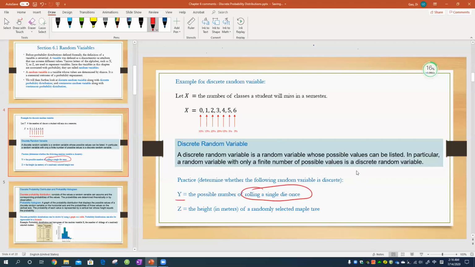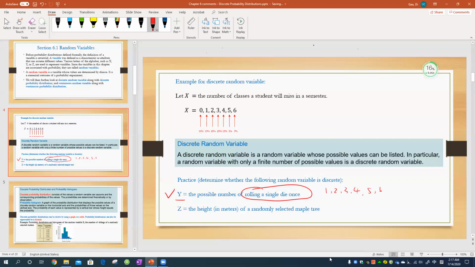This is an example we talked about in the last chapter. Then we know the possible values could be 1, 2, 3, 4, 5, and 6. So the possible values can be listed, and for each one we can look at the corresponding chance. To get a 1 is 1 over 6, a 2 is 1 over 6, and so on for a fair die. Then this is a discrete random variable.